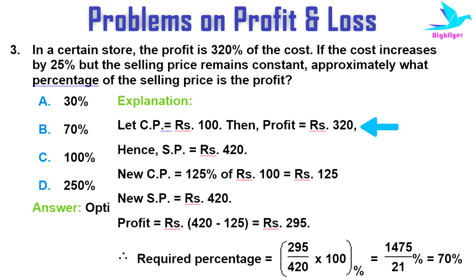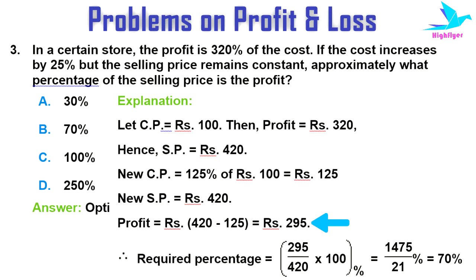Let cost price be rupees 100. Then as per the question, profit will be rupees 320. Hence, selling price will be 100 plus 320, that is equal to rupees 420. Now as per the question, if the cost increases by 25%, then new cost price will be 125% of 100, that is equal to 125. And the new selling price remains the same as the previous, that is equal to rupees 420.